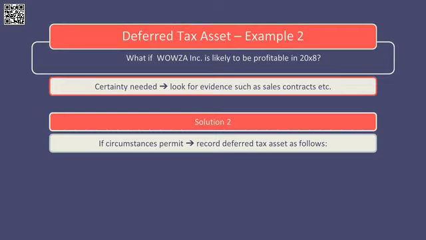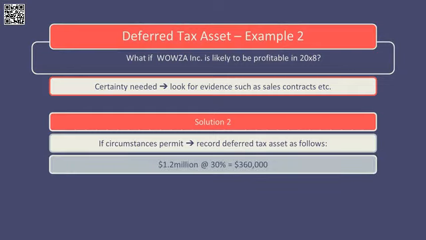Tax losses brought forward $1.2 million. It is important to note that tax losses may differ from accounting losses, as certain expenses may not be tax deductible in certain jurisdictions and will have to be added back to the profits or losses to get the taxable profit or loss figure. So the taxable losses brought forward are $1.2 million and the current tax rate is 30%.